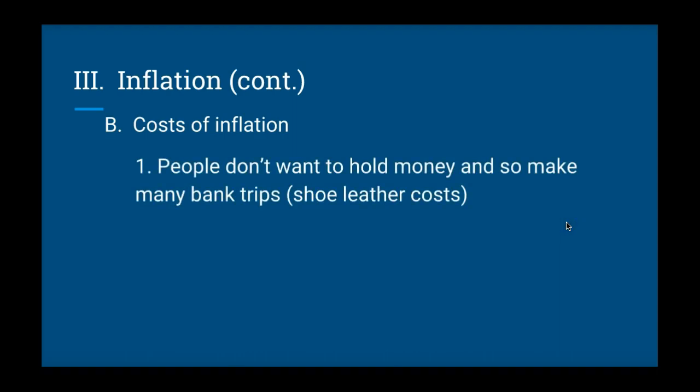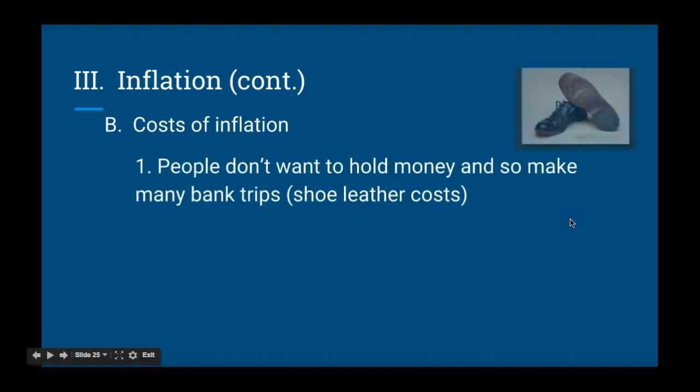So the first cost of inflation is what we call shoe leather costs. To understand what's going on with shoe leather costs: when inflation happens, people don't want to keep money on hand. We'll go to the extreme example.